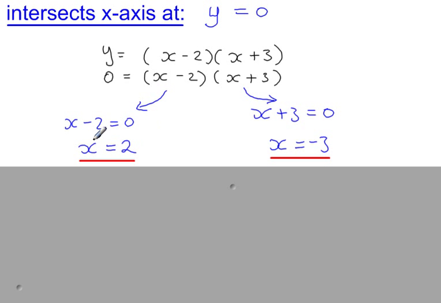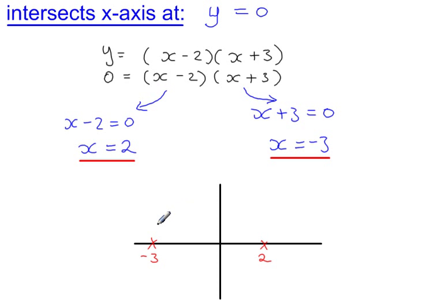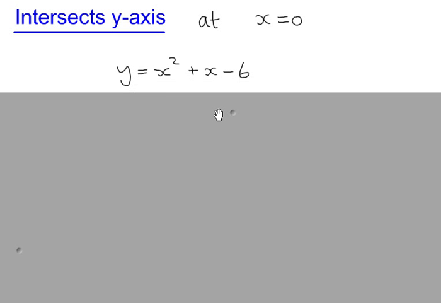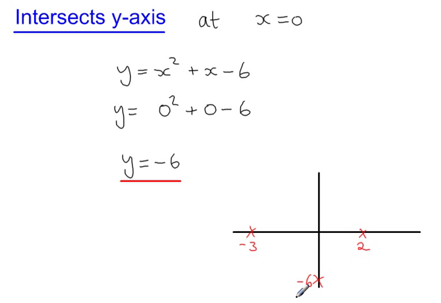We have two roots, x equals 2, x equals minus 3 from each of these two factors. So we can plot, just mark 2 points on our graph. So what's the y-intercept? Equation of the curve, put in x equals 0, y is minus 6, so now we've got this point here, so we know that the graph goes through this point here.